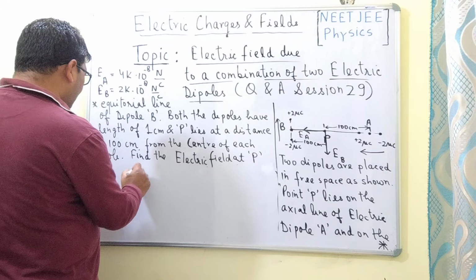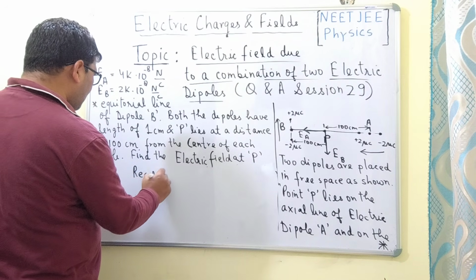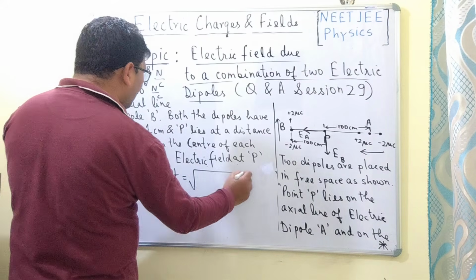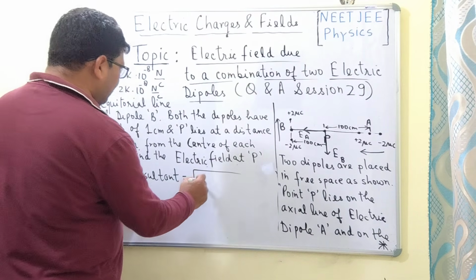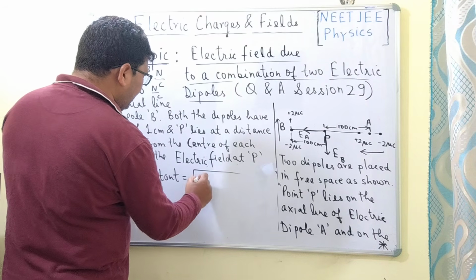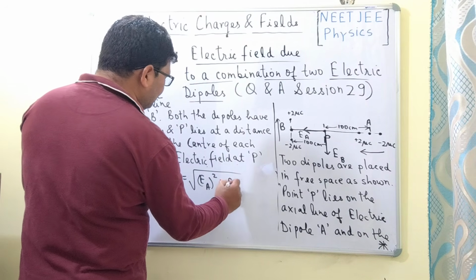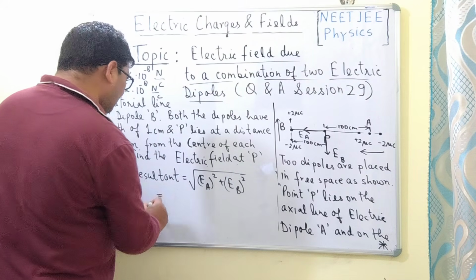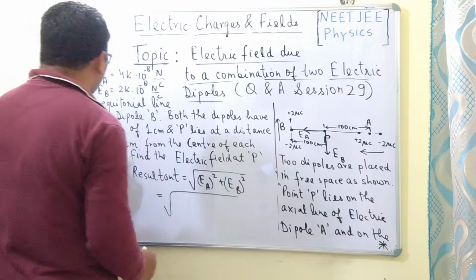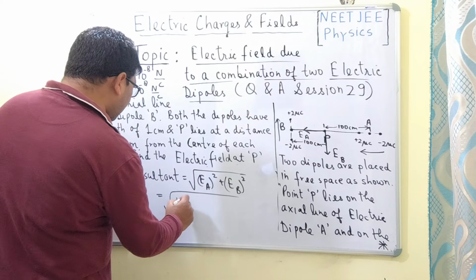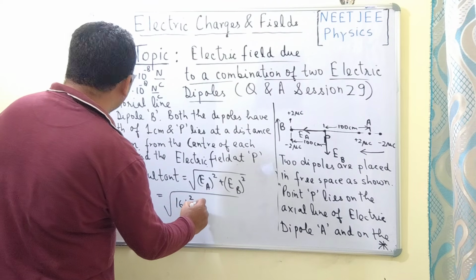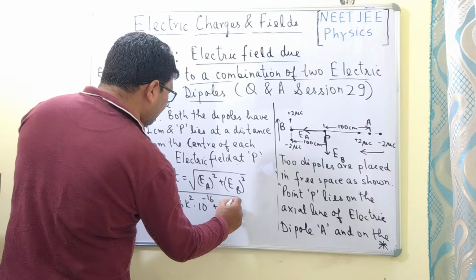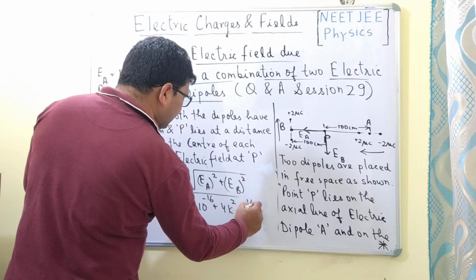So the resultant electric field will be equal to the square root of EA square plus EB square. This is equal to the square root of 16 K square into 10 to the power minus 16 plus 4 K square into 10 to the power minus 16.